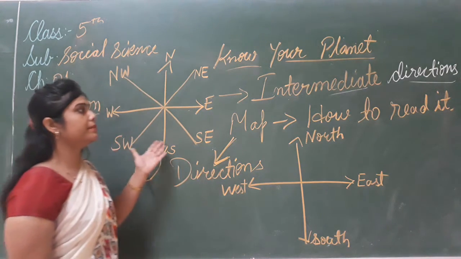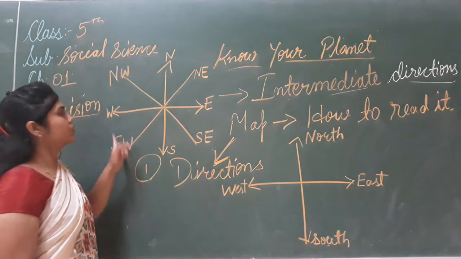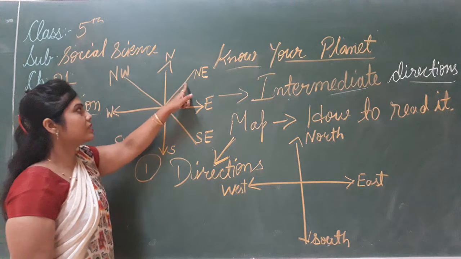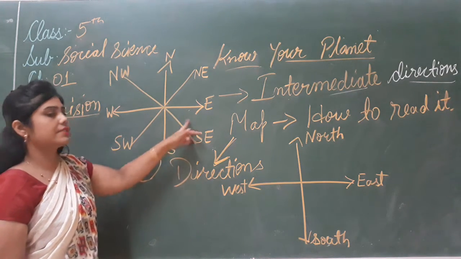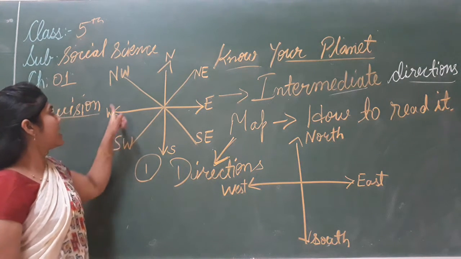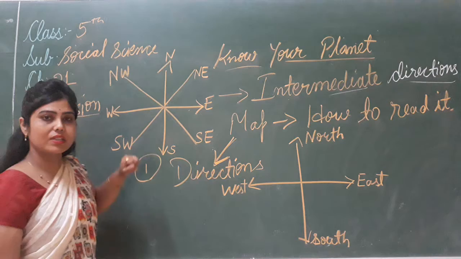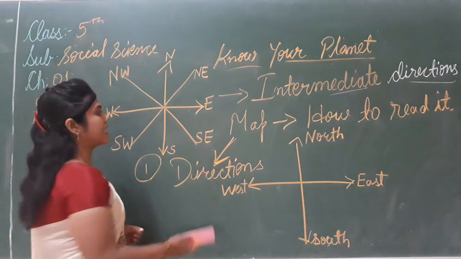Here are some intermediate directions: northeast, southeast, southwest and northwest. Northeast lies between north and east. Southeast lies between south and east. Southwest lies between south and west, and northwest lies between north and west. Clear?